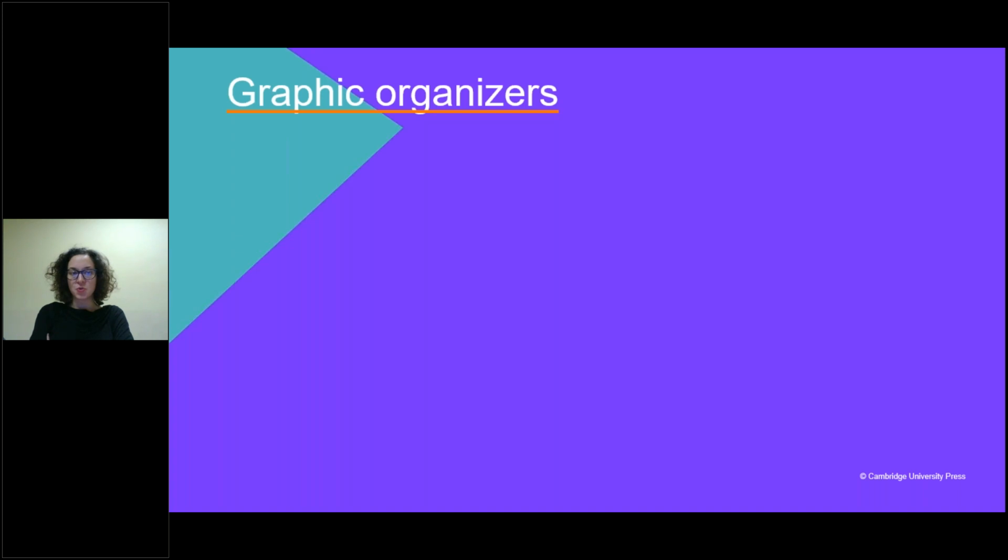It's really good to work with graphic organizers, and if we are talking about young learners, it is also great to make mind maps with them and to work on their critical thinking skills, because to organize information is critical and analytical thinking.